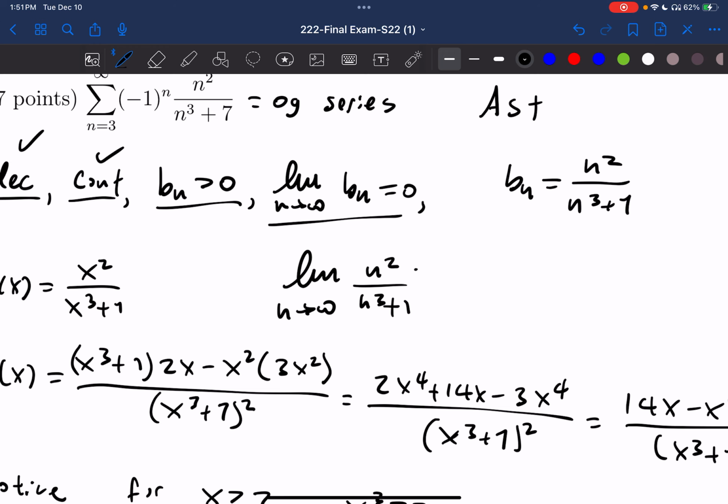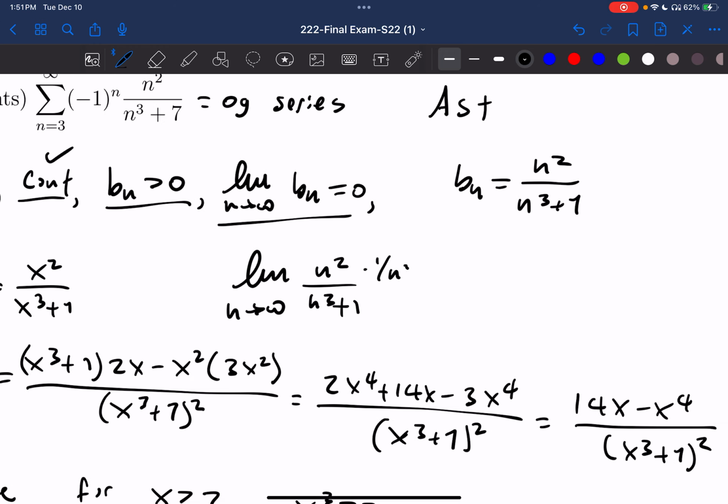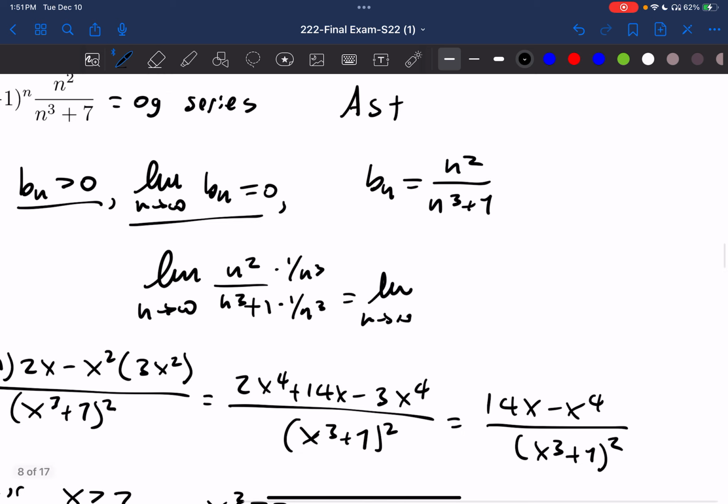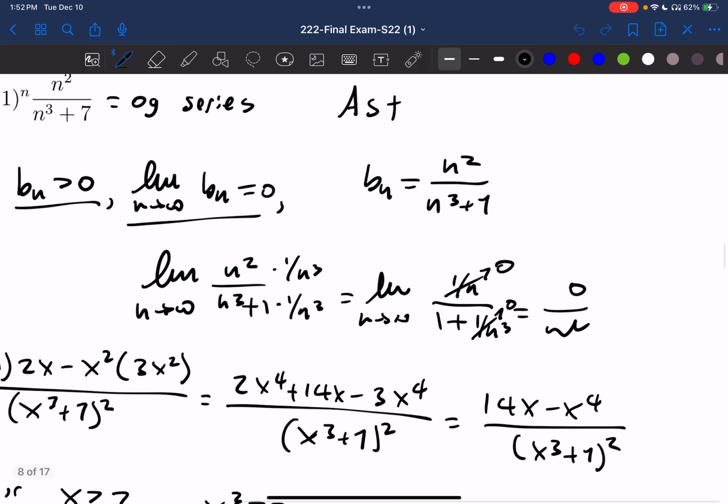Multiplying the top and bottom by 1 over n to the third power, we end up with the limit as n goes to infinity of 1 over n divided by 1 plus 1 divided by n to the third power. This term will go to 0, this term will go to 0. We're going to have 0 divided by 1, which is equal to 0.